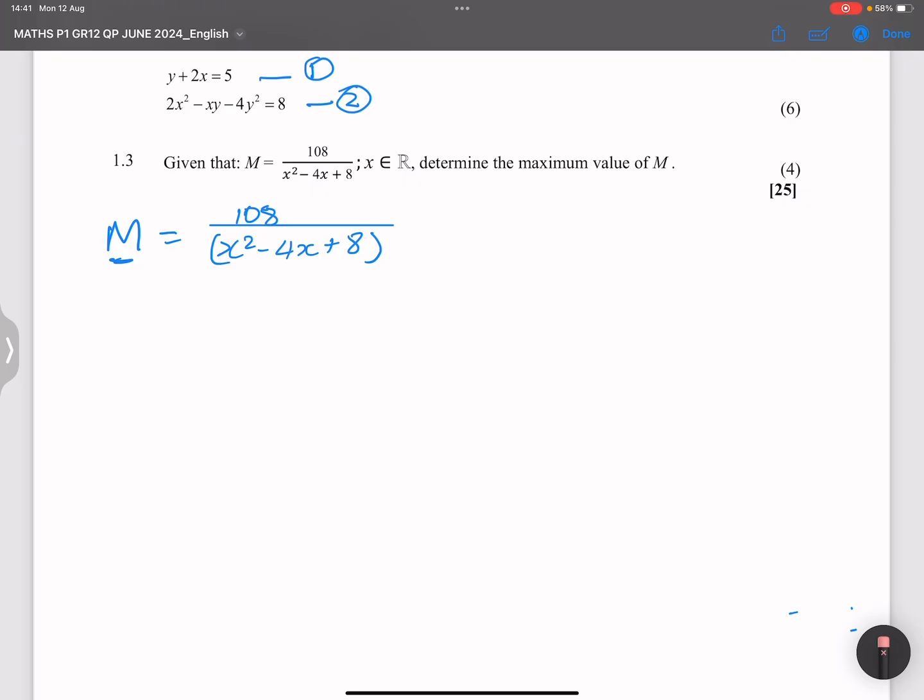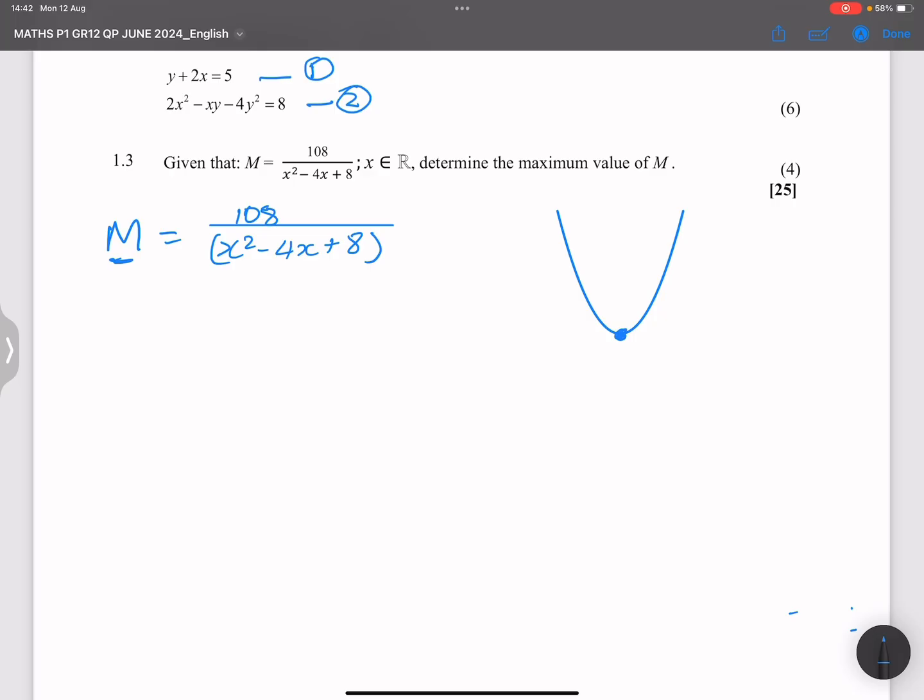So what we can do is you can choose to use calculus, or you can find, remember, it is a parabola, it would be a smiling parabola. So where would be the minimum value? Your minimum value would be at the turning point. So we need to find out what is the turning point of that graph.